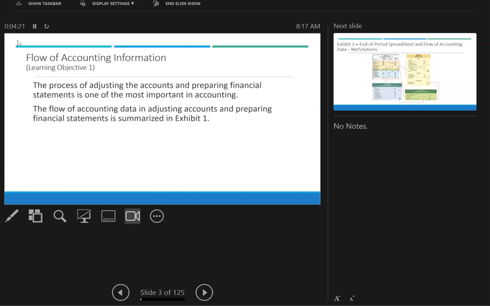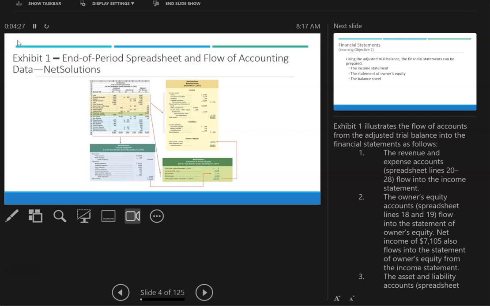So the way we communicate information to the end user is through financial statements. Here you see, it's kind of a small slide, but you see this worksheet that showed our original trial balance, and then it showed all these adjustments we made, so then we can have what's called an adjusted trial balance.